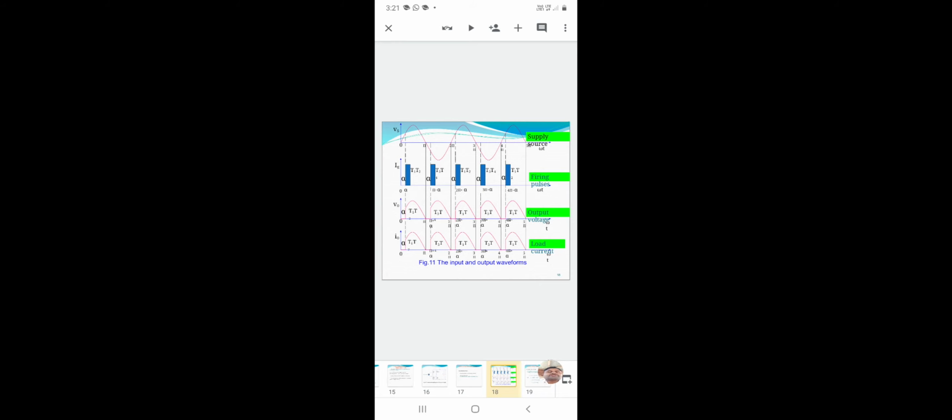During the negative half cycle, T3 and T4 are forward biased, T1 and T2 are reverse biased. So T3 and T4 are short circuited, T1 and T2 are open circuited. So during the negative half cycle, the source is equal to the load voltage.